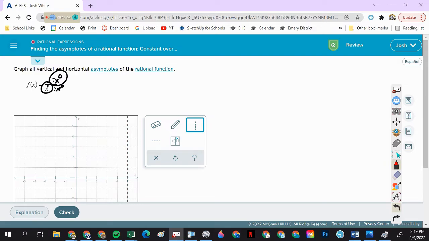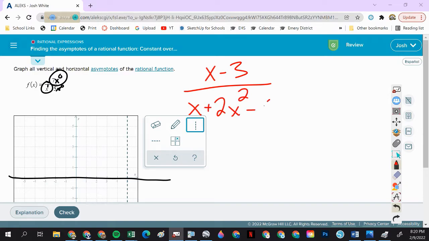Anytime the denominator is stronger than the numerator, then your HA is going to be at 0. So if I had a bigger equation, (x - 3)/(x + 2x² - 5x), and I identify the strongest variables. The strongest one in the numerator is x to the first, and the strongest one in the denominator is x².